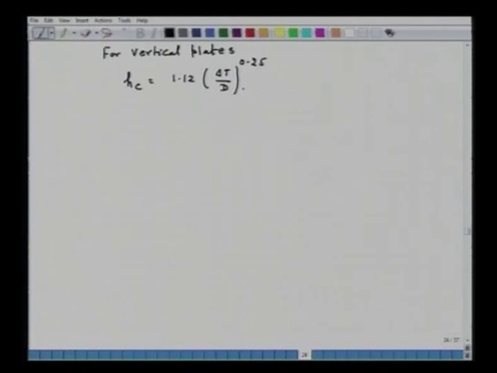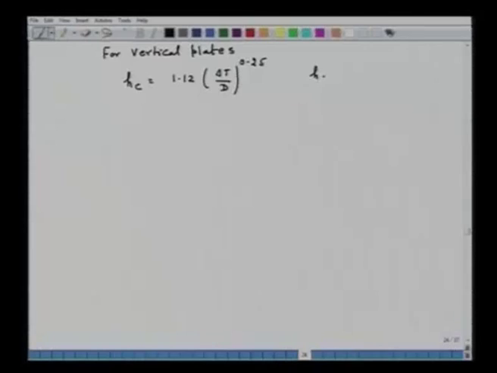Mind you, this is a dimensional equation, so hc you will get in watt per meter square Kelvin, with delta T substituted in degrees Kelvin and D in meters.